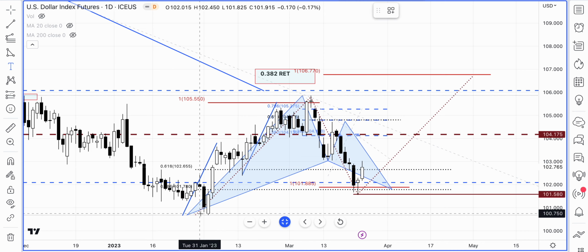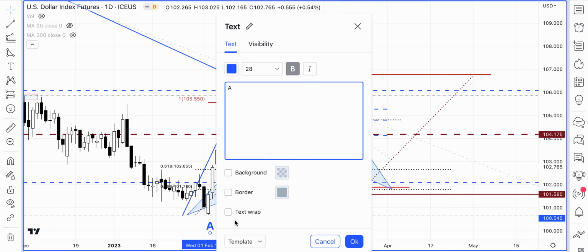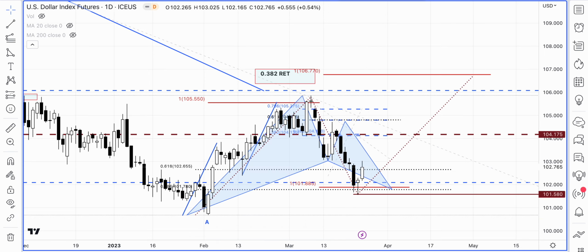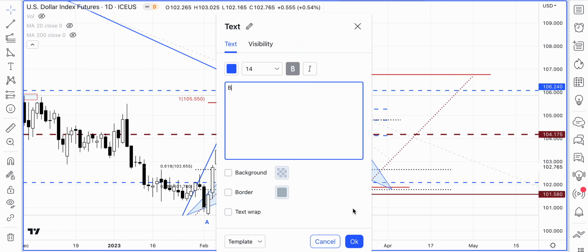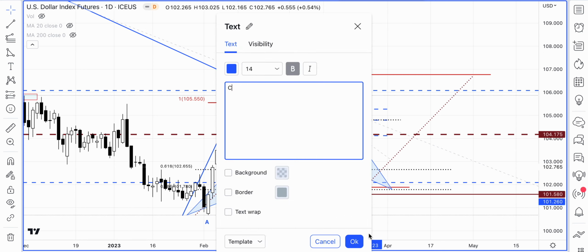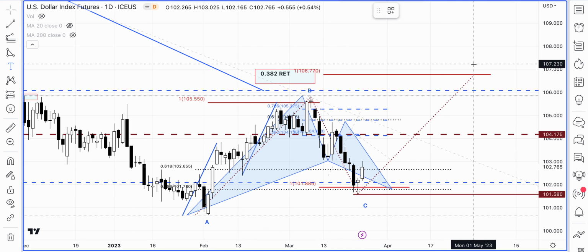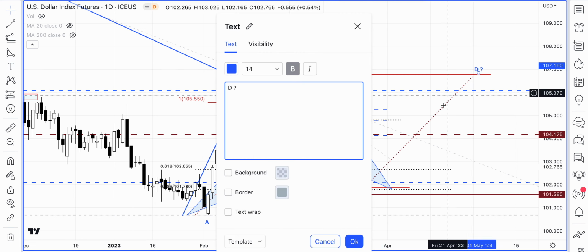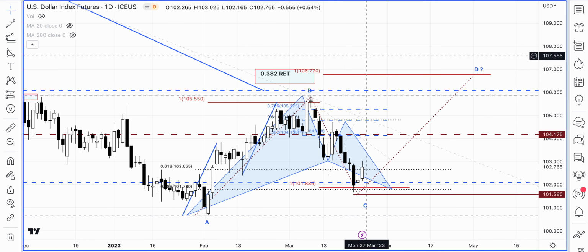Let me actually also annotate this, whether this is going to be an ABCD formation as it will pan out. We'll have to wait and see when the price levels are taken out. And here we go. This is our C and this is our possible D. Okay, so this is what we are looking at in the dollar index.